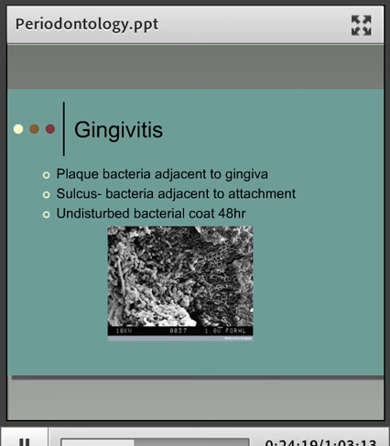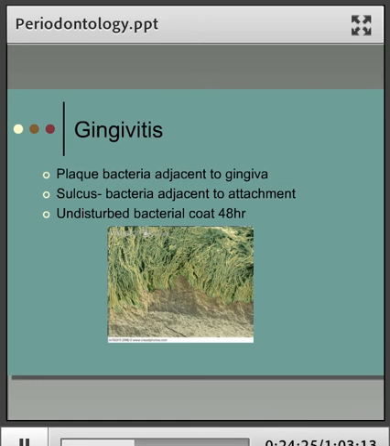And that is very, very difficult to shift, as is the nature of, unfortunately, biofilms. So our host mounts its response, and that inflammation is what we see, of course, as gingivitis. So by definition, gingivitis is inflammation of the gum, the gingiva.